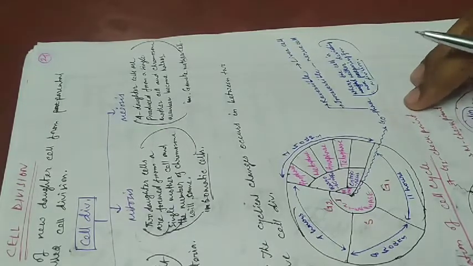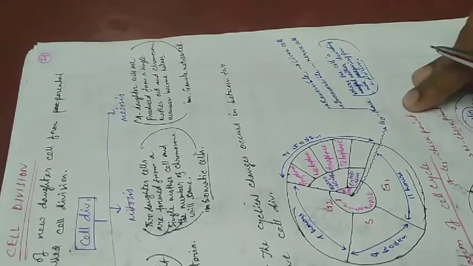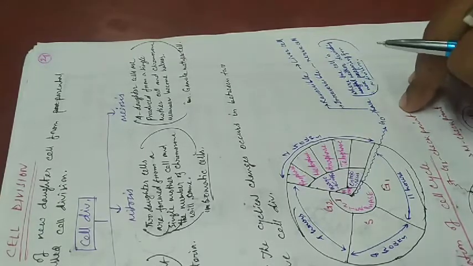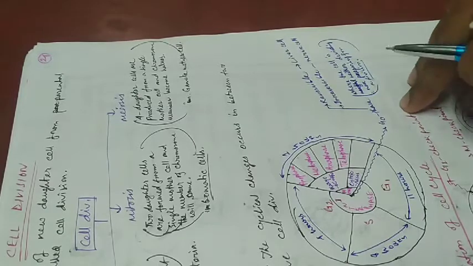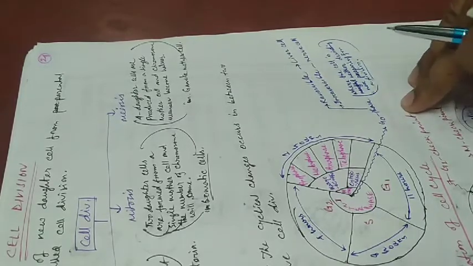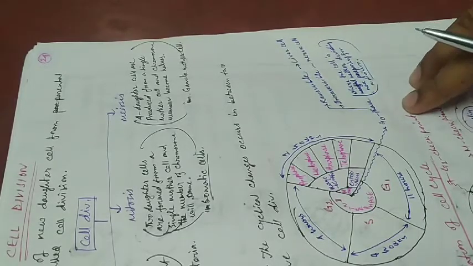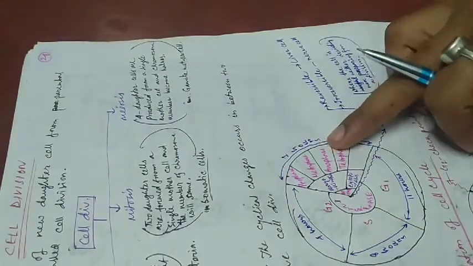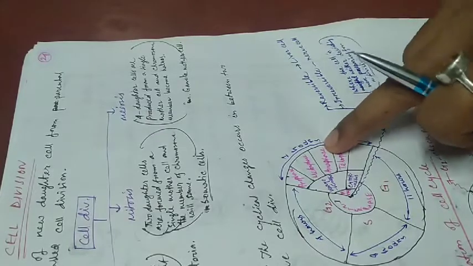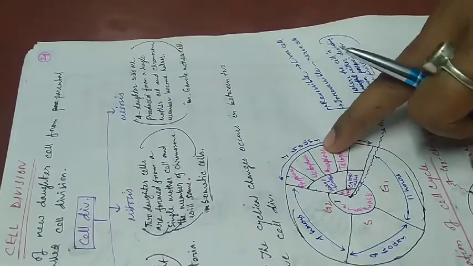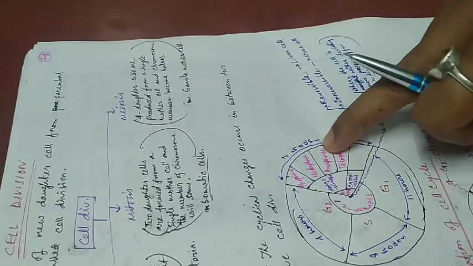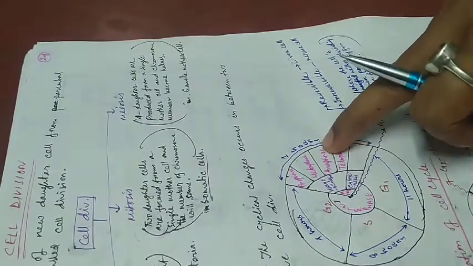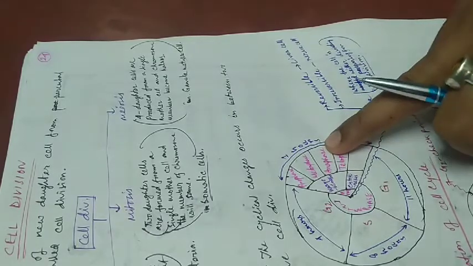In prophase, chromosomes will form. In metaphase, all chromosomes are arranged in the equatorial plane and attached with the spindle fiber. In anaphase, by contraction of the spindle fiber, the daughter chromosomes separate and move to the polar region of the cell.